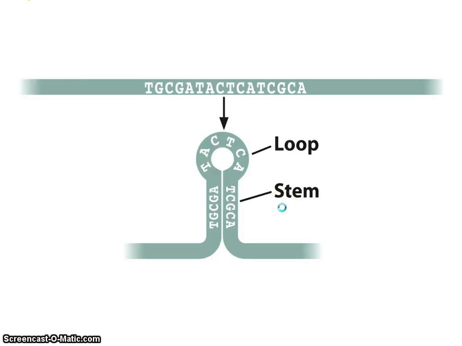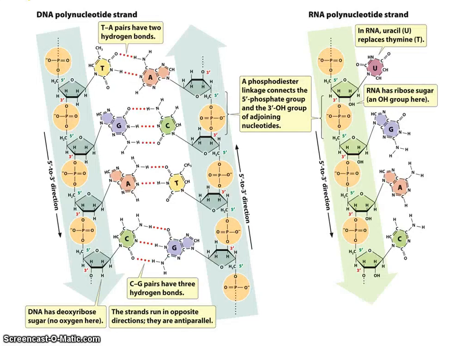So DNA structure has, just like in proteins, a primary, secondary, and tertiary structure. The primary structure of DNA is basically the order of the nucleotides and the order of the bases.